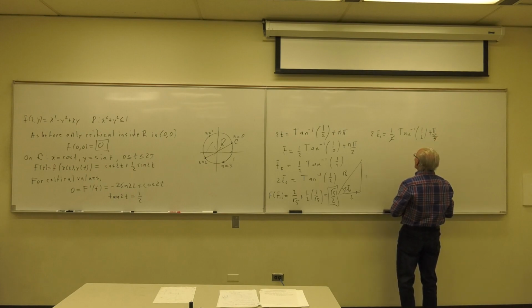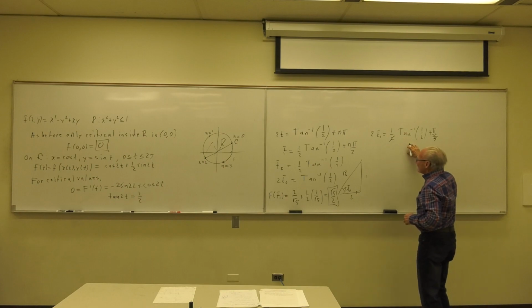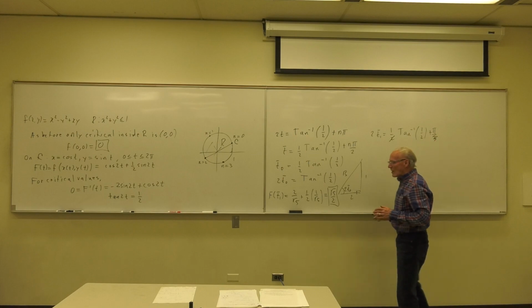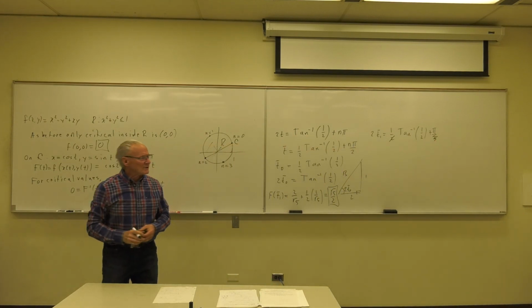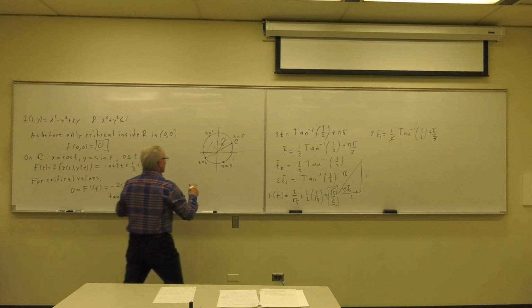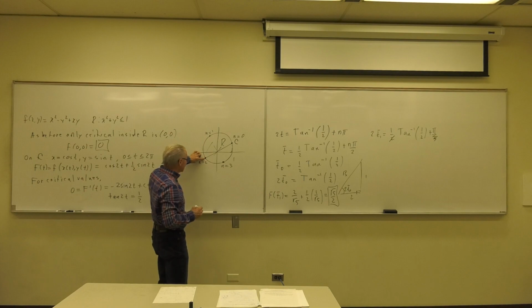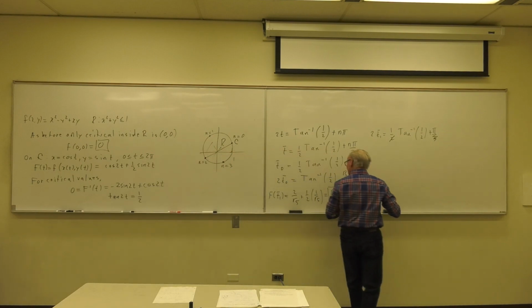What we've got is basically the same equation we have here, but with a pi tacked onto it. What does that do to the sine and the cosine? We've doubled, so the sine and cosine are negative.